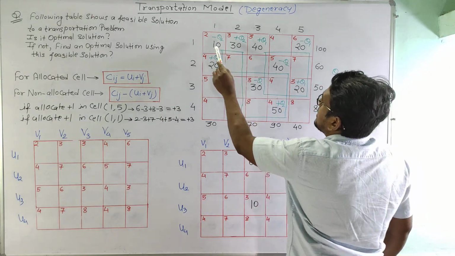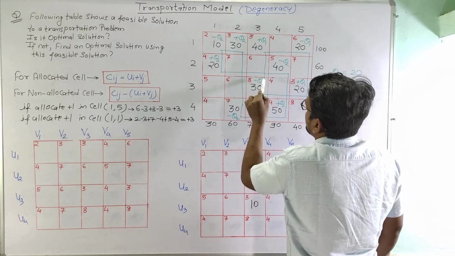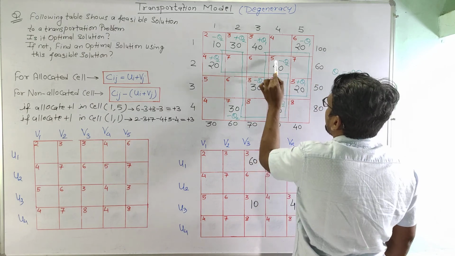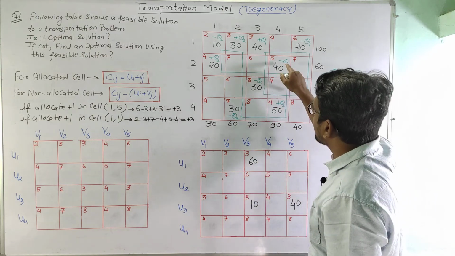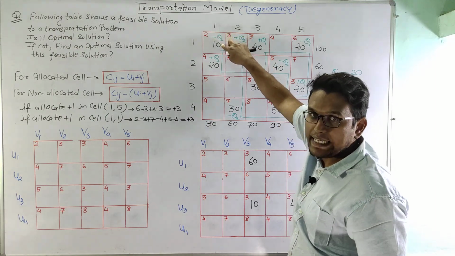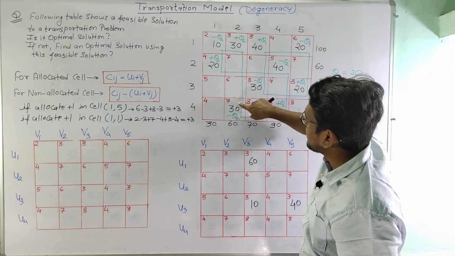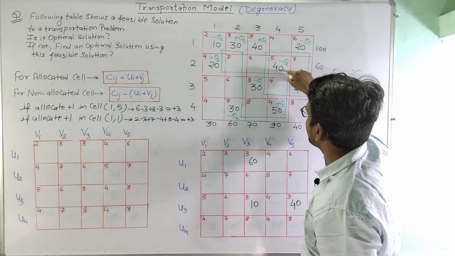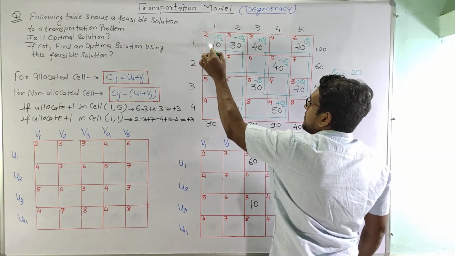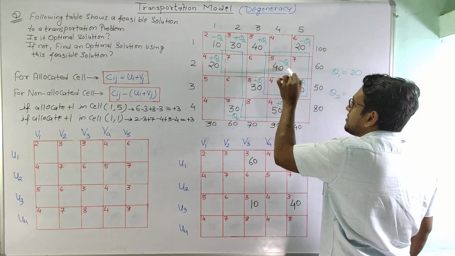We will only see those cells which have the value minus theta 2. So here it is 10 minus theta 2, 30 minus theta 2 and 40 minus theta 2. So if we consider these 3 cells, the maximum value of theta 2 can be 10 for this cell, maximum 30 for this cell, maximum 40 for this cell.